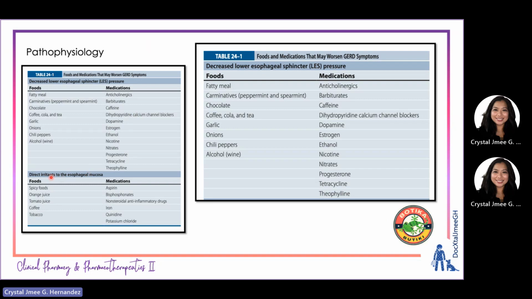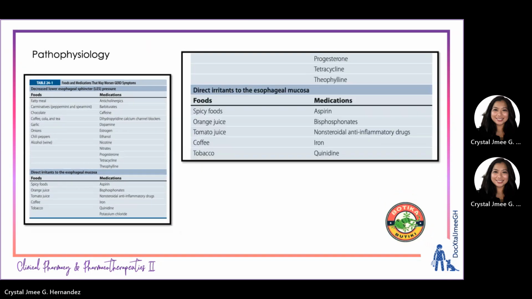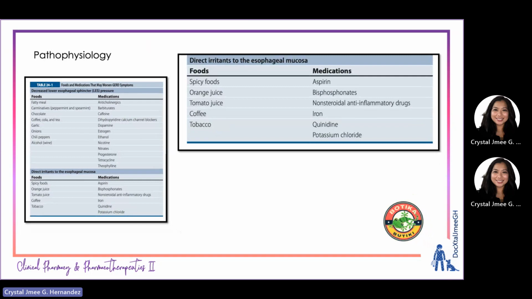We also have those that directly irritate the esophageal mucosa, such as spicy foods, tomato juice, and orange juice, because they are acidic, as well as coffee and tobacco. For medications, we have aspirin, bisphosphonates, NSAIDs, iron, and potassium chloride.